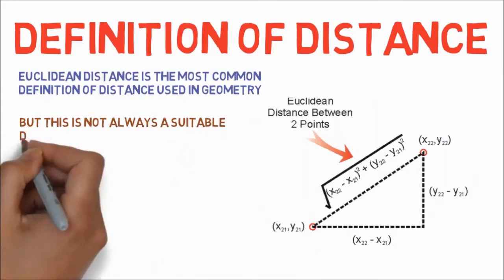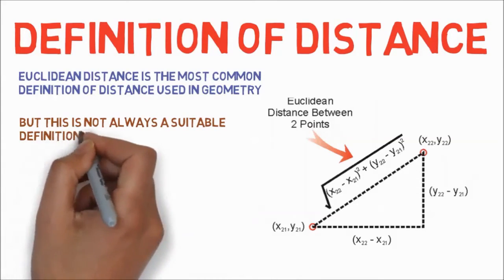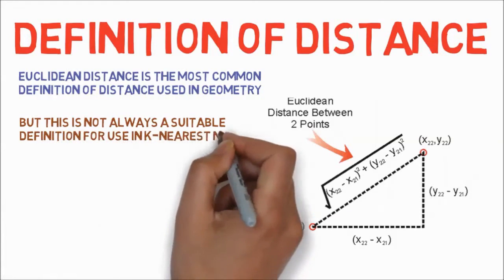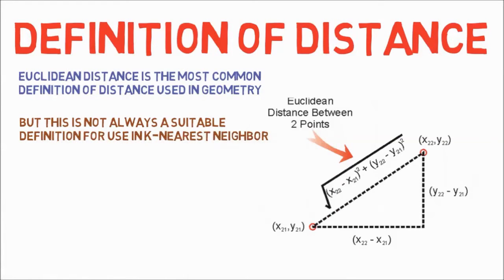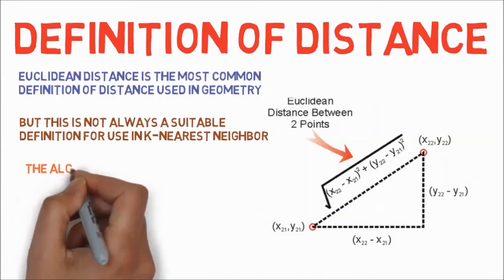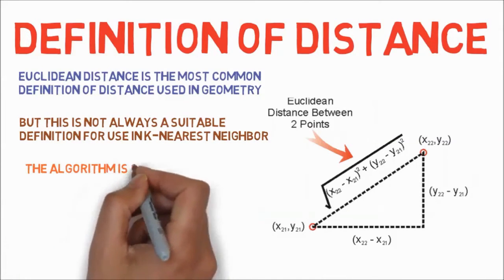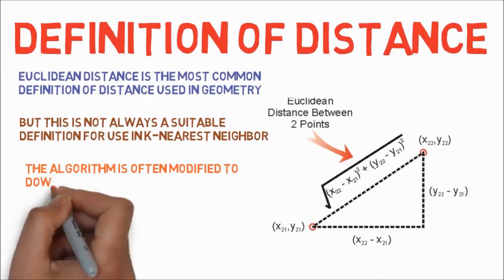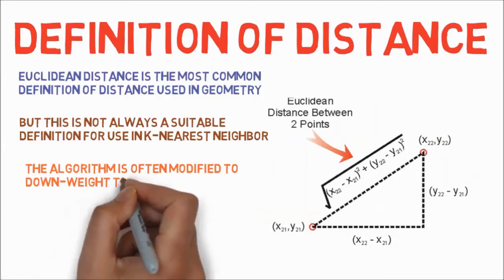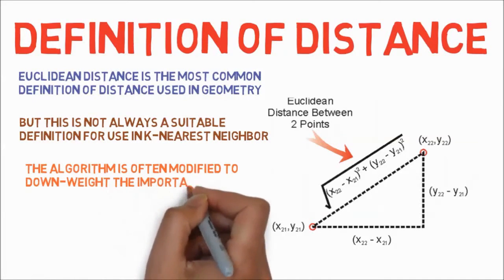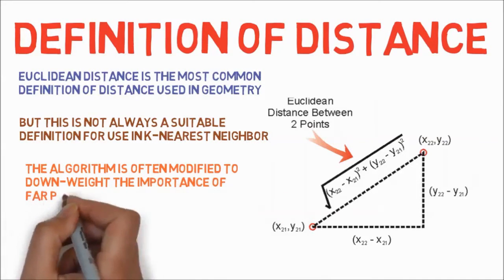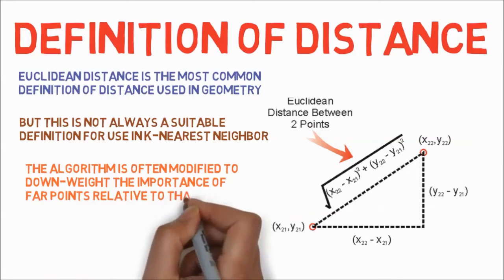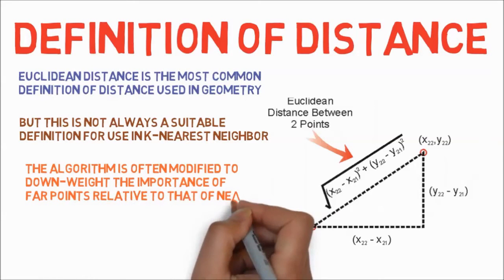But this is not always a suitable definition of distance for the k nearest neighbors implementation. Usually in k nearest neighbors, the algorithm uses weights. It modifies the distance formula to downweight the importance of points which are farther away, and it increases the importance of the points which are nearby.